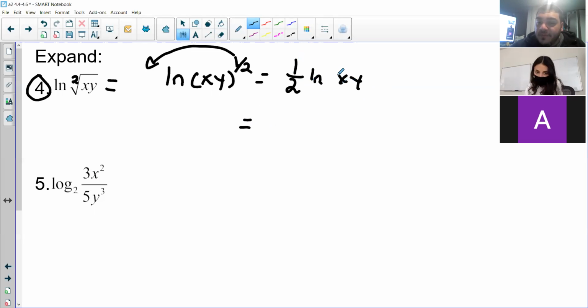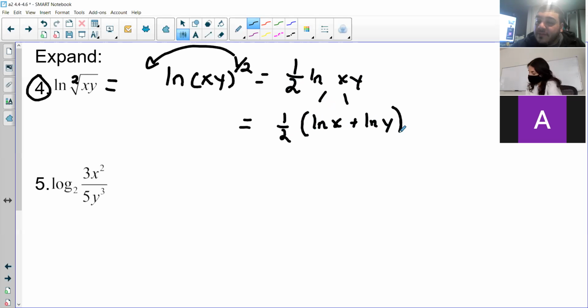This 1/2 is multiplied to everything here. So I'm going to split this into ln x plus ln y. Everyone should see that's agreeable. I had this 1/2 here, but technically the 1/2 hit everybody. So I need a way to represent that I would distribute this 1/2 to everything. So this 1/2 is going to need parentheses.